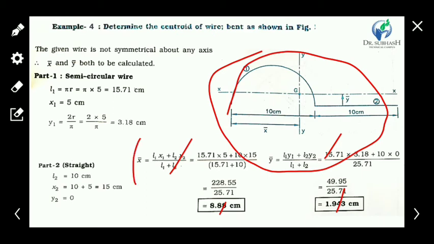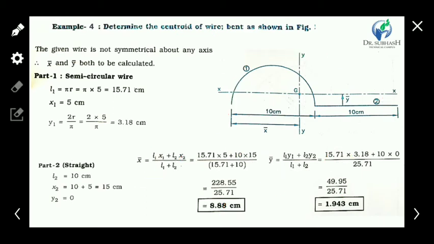These x bar and y bar values give the coordinates of the CG or centroid of the composite element from the reference point. Clear?